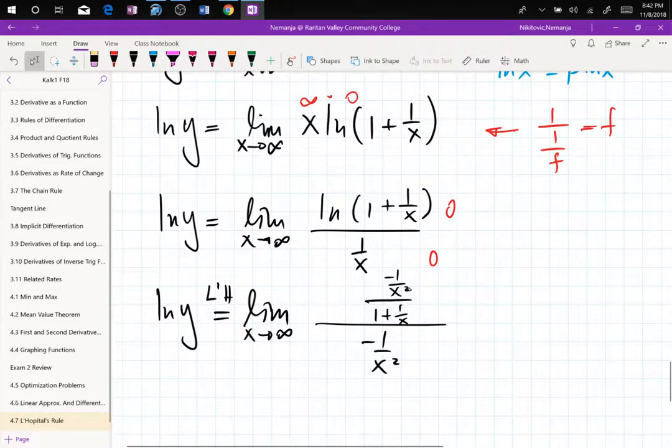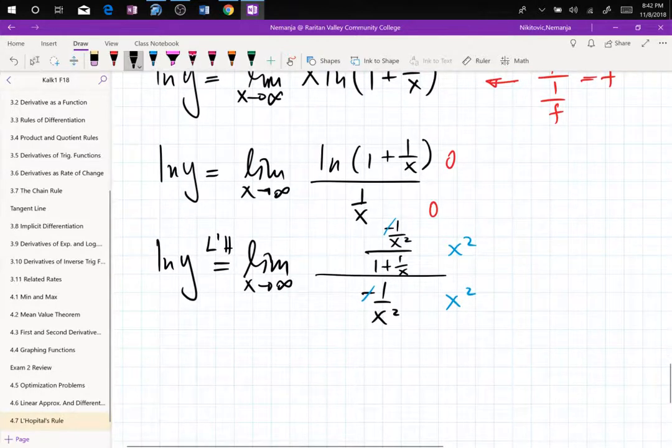The fastest way to deal with this is to first kill off these negative signs and then multiply by x squared to completely kill the denominator of the big line, right? 1 over x squared gets completely annihilated by x squared. So there's just the upper fraction to deal with.